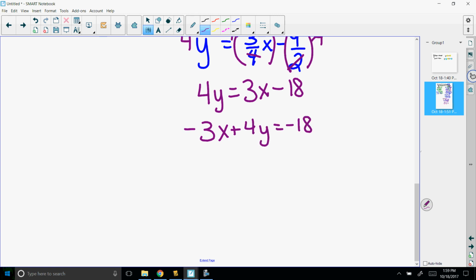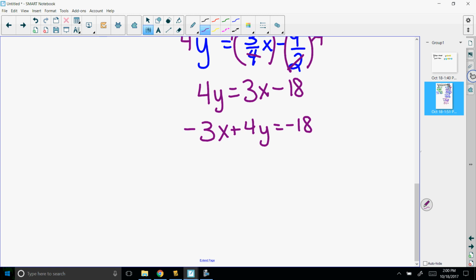But I am guessing that if you were to look that up in the back of your book or in a solutions manual at college, they're going to have every single sign different because they like that lead coefficient to be positive. And that lead coefficient, they still want it as x and not y. So they wouldn't show it as 4y minus 3x equals -18.